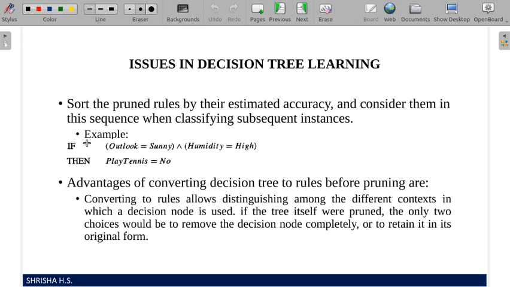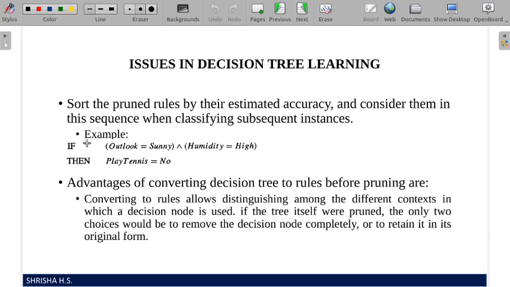To classify it as no, we need less information. To classify it as yes, we need more information. This is possible only in a rule base. So we have greater control over the tree pruning when we convert it to a rule base.